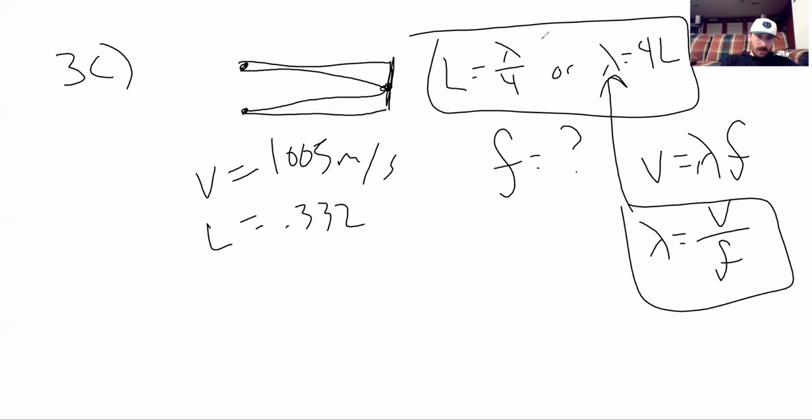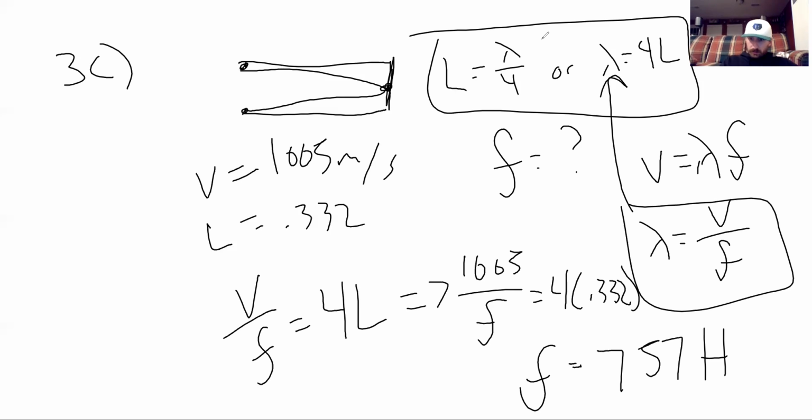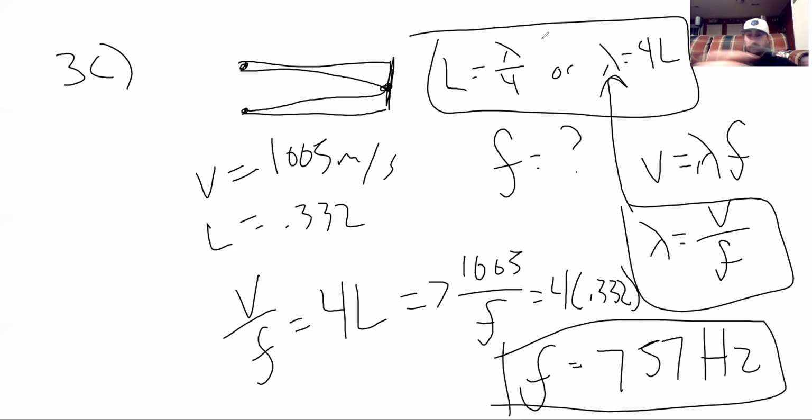So I plug in the velocity, 1,005, and the length, and I go ahead and solve for the frequency. Pretty straightforward on that one. All right, hopefully that helped. That's the whole practice free response for the 2019 AP Physics 1 test.